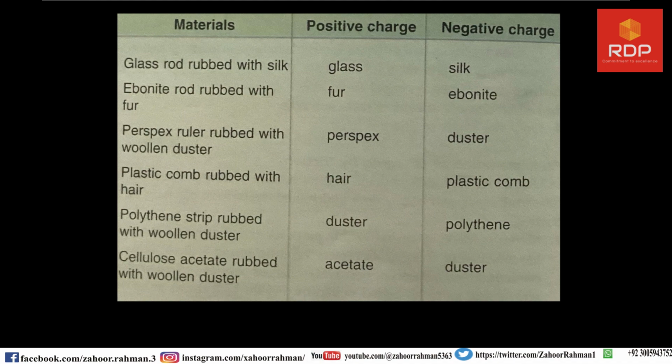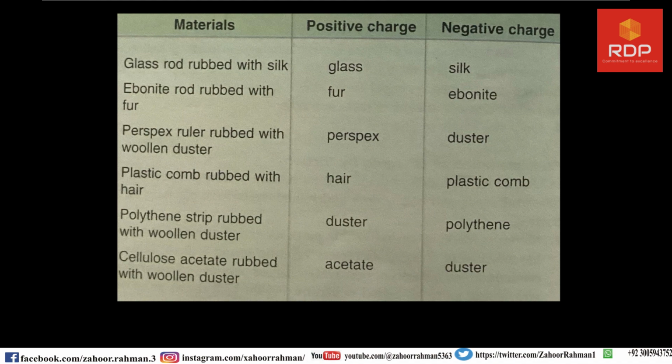So in the first case, you can see when we rub a glass rod with silk, then glass will be the donor of electrons, so it will become positively charged, and silk will be the acceptor of negative charge, so it will be negatively charged.